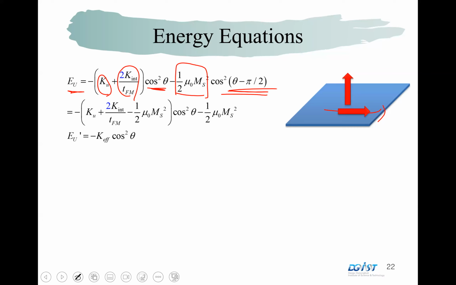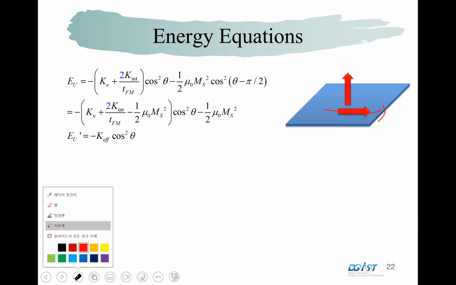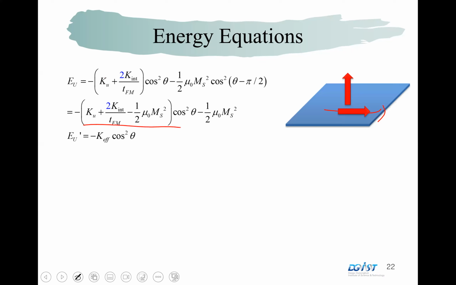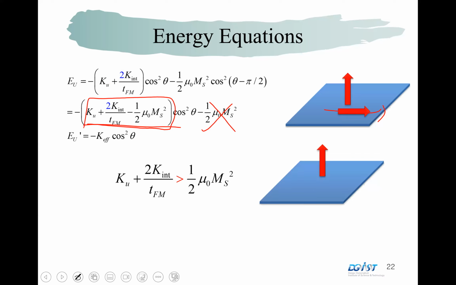So we can mathematically convert it to a simpler form, this form. This term is a constant term, you don't need it. And you can rewrite the energy simply with a new coefficient called the effective anisotropy energy. In this effective anisotropy energy, we have two positive terms and one negative term.